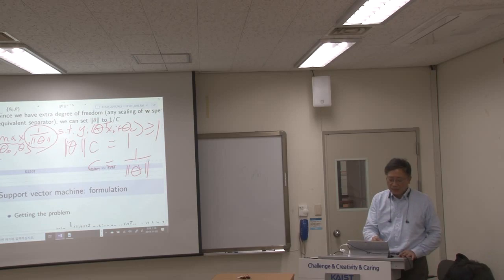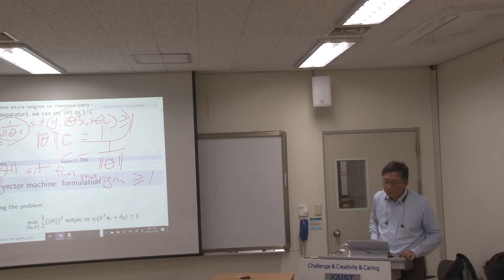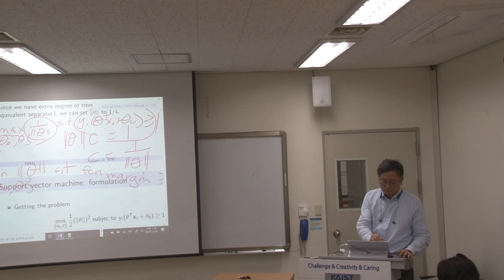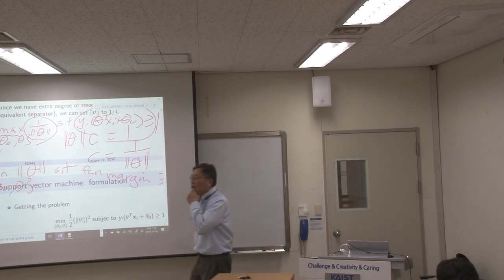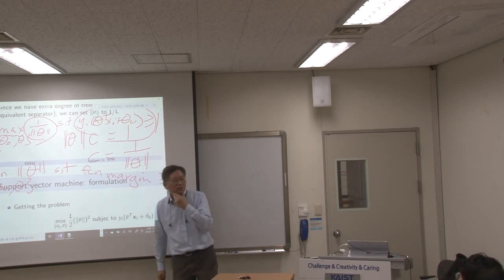That is like minimizing theta, such that functional margin greater than 1 for all the data. No problem? Anybody? Questions? It's very easy to understand.